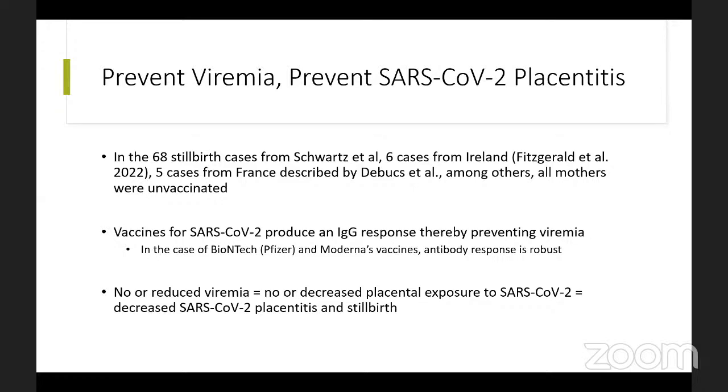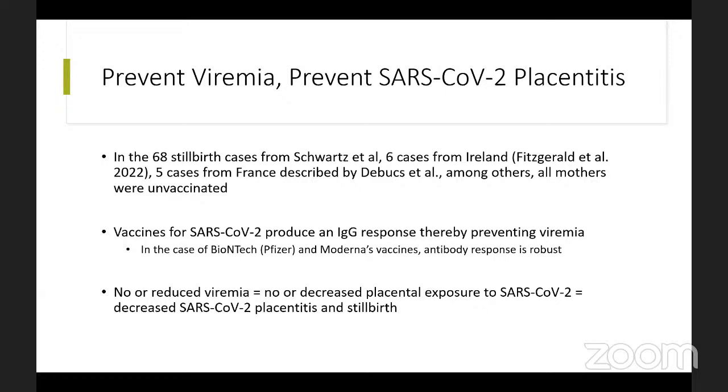Looking again at this viremia question, when we summarize a lot of the stillbirth literature, such as the 68 stillbirths from the Schwartz study, the 6 cases from Ireland, and a few other papers, including 5 cases from France, all of the mothers with documented stillbirths were unvaccinated. And by unvaccinated, I'm also including women who had SARS-CoV-2 before at least 1 vaccine dose was administered.